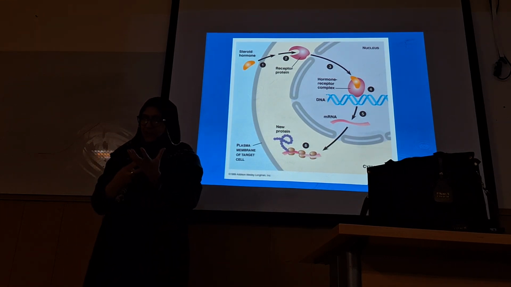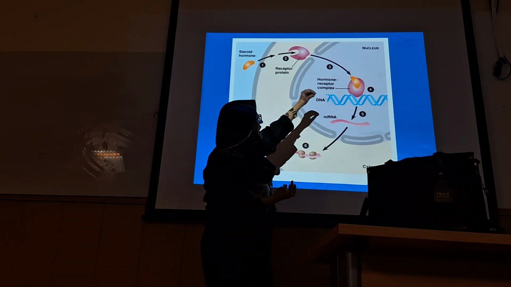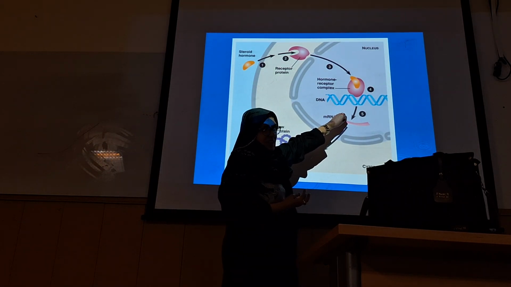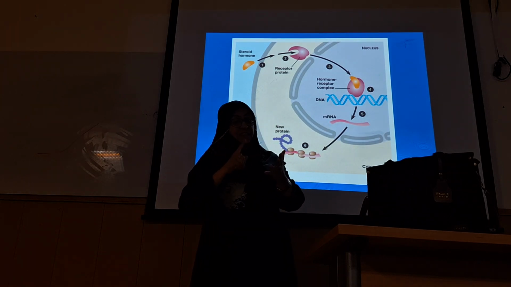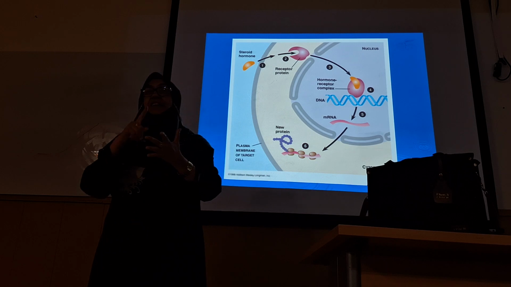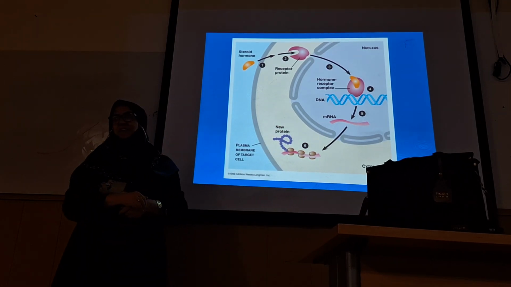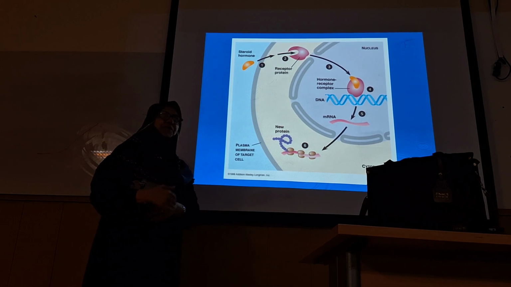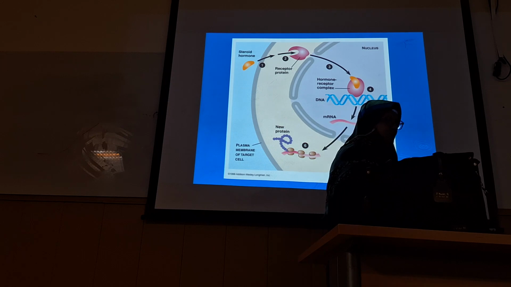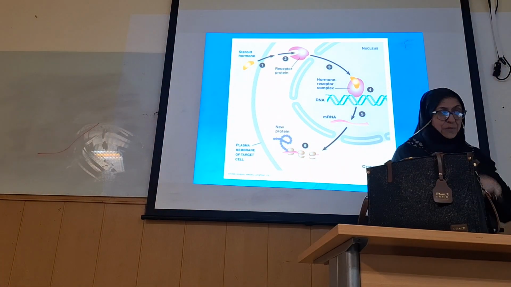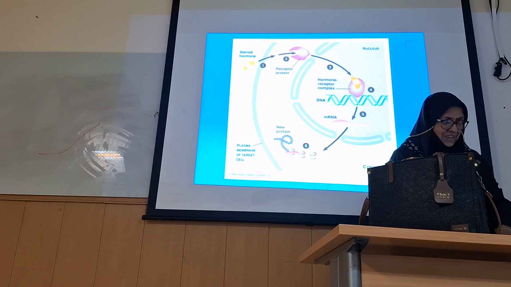The complex of receptor and hormone enters the nucleus. Again, it activates synthesis of mRNA, RNA, and tRNA. Similar to thyroid hormones, it synthesizes new proteins, and the new proteins act in our body. Therefore, steroid hormones have cytoplasmic receptors.